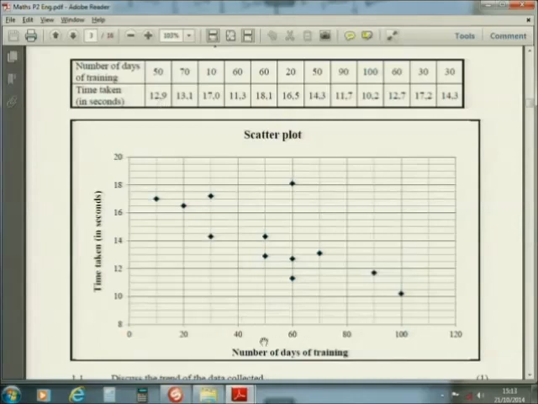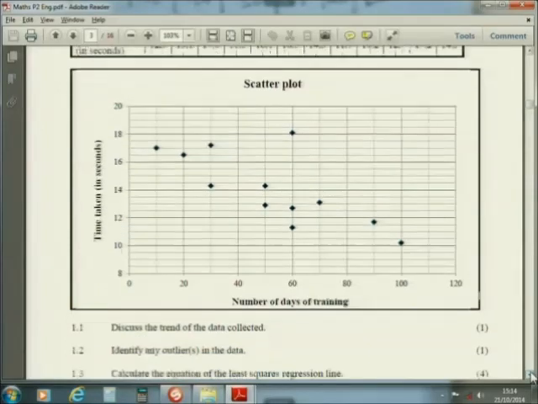On your horizontal line, 0, 10, 20, 30, 40, 50, 50 is matched with 12.9. The second point, 70, is matched with 13.1. You do the same with all other points on the scatter plot.